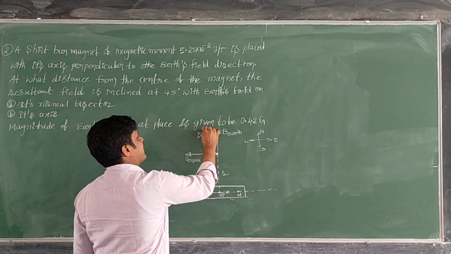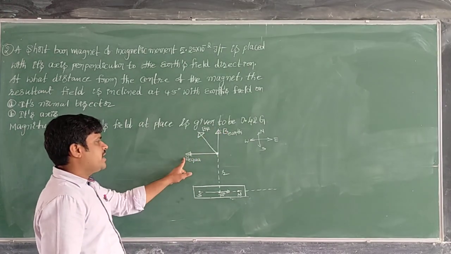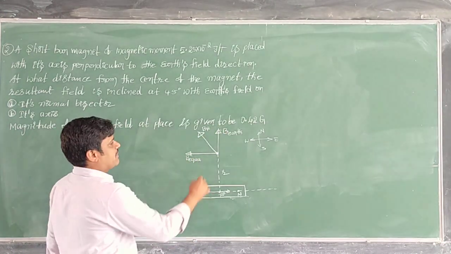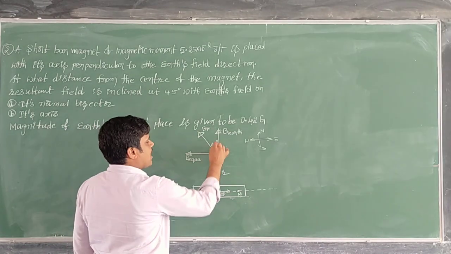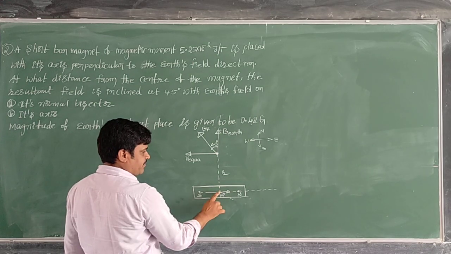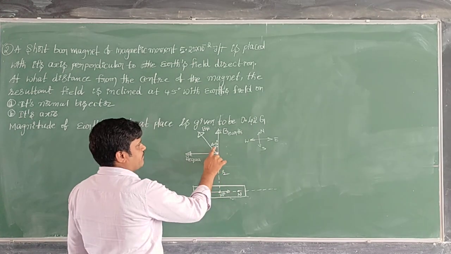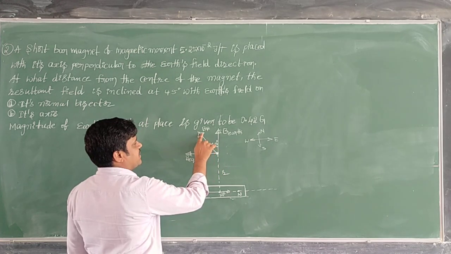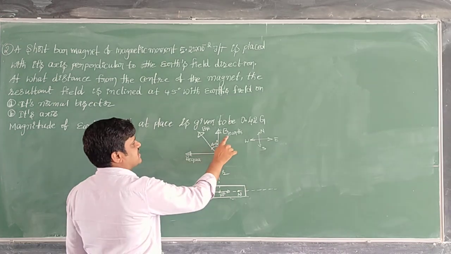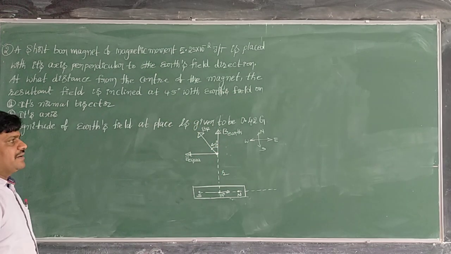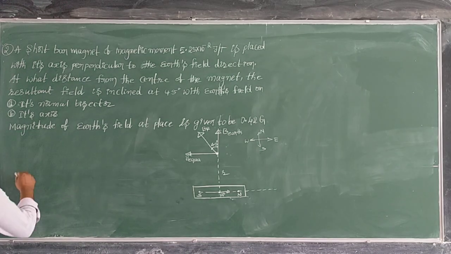The resultant magnetic field of these two fields is inclined at 45 degrees between them. At what distance from the center of the bar magnet is the resultant magnetic field inclined at an angle of 45 degrees with the Earth's magnetic field? Like that, they were asking the question. So, let's solve the problem.